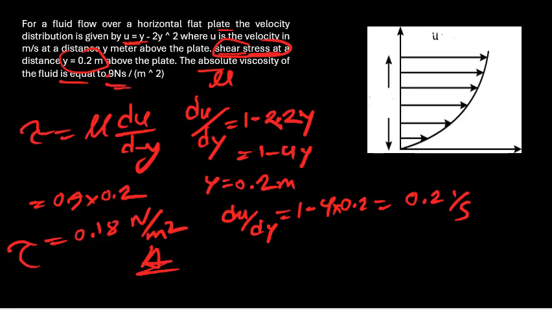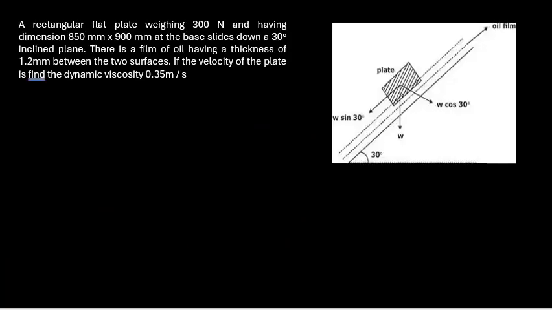And the next problem is the rectangle plate. This is the rectangle plate. The weight is given, and actually here we'll take 100 Newton, and it has dimensions, so area A equals length into width.